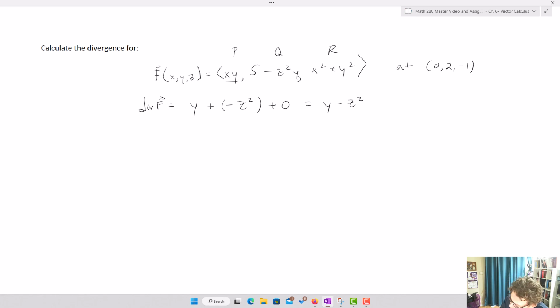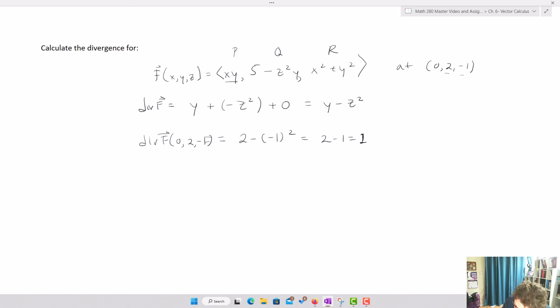Now what I'm going to do is plug in my point. So I've got 2 minus negative 1 squared. So div of f at 0, 2, negative 1 will end up equaling 2 minus negative 1 squared, which equals 2 minus 1, which equals 1. Okay?